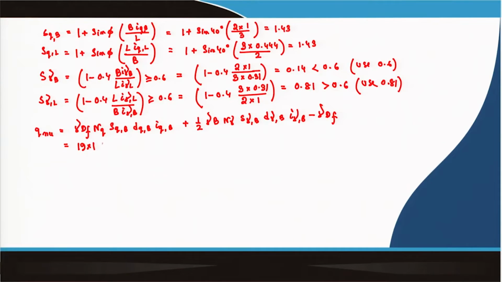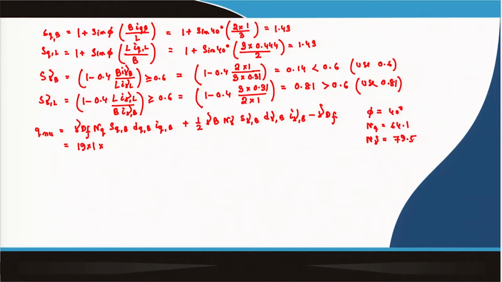And for phi equal to 40 degrees, N_q is 64.1 and N gamma is 79.5, that I will get from the table of Hansen's bearing capacity equation.